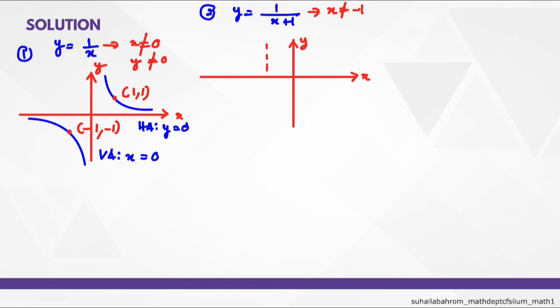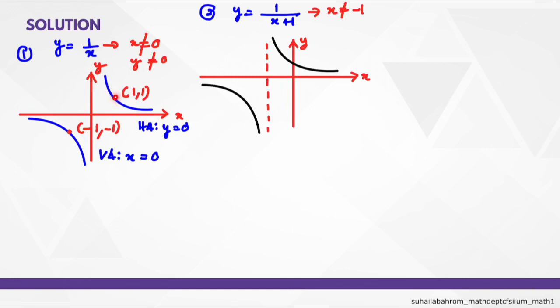Therefore, the new vertical asymptote we must draw using a dotted line, because that is referring to the asymptote, and the horizontal asymptote is unchanged because there is no movement up and down on the second step. So our graph will be something like this. This is our graph, and then the other side is here.